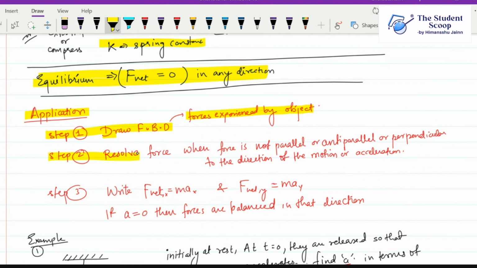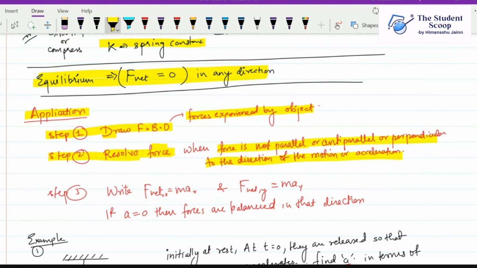Then this second step is optional, it is not required in every case. But if we need to, we resolve any forces which are not parallel, anti-parallel or perpendicular to the direction of the motion. This is very important. Most of the time, students get confused about which forces to balance and when.